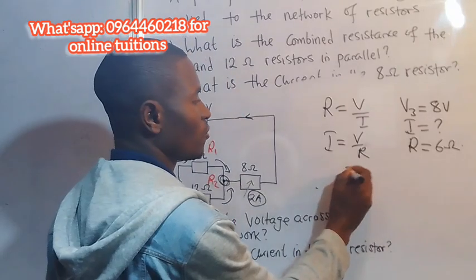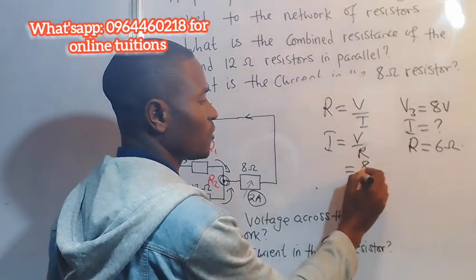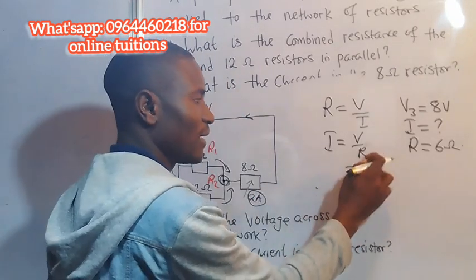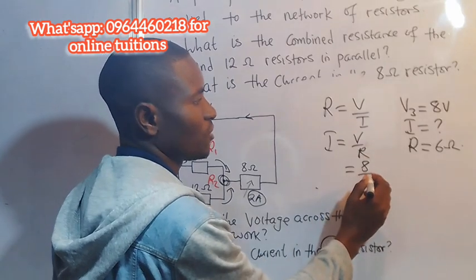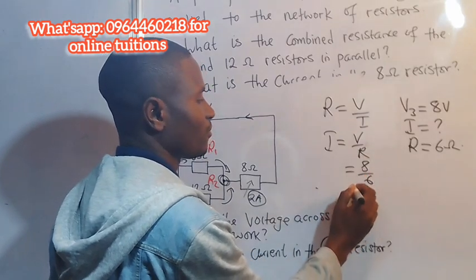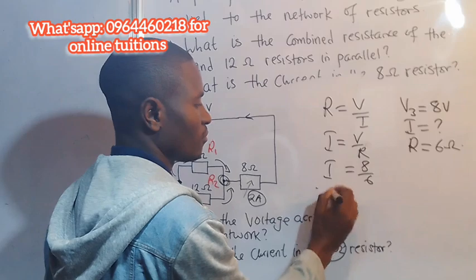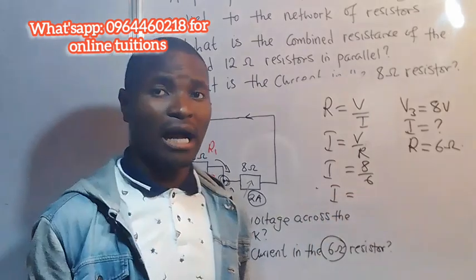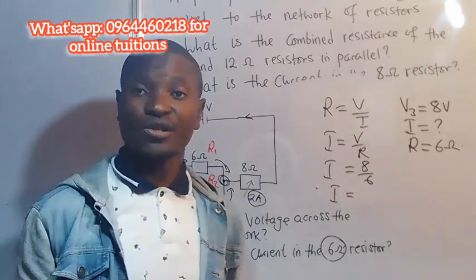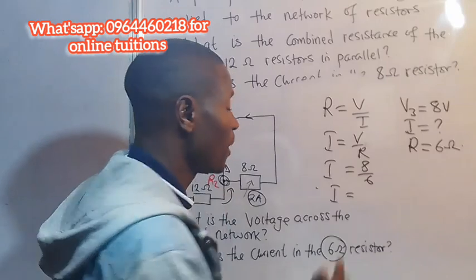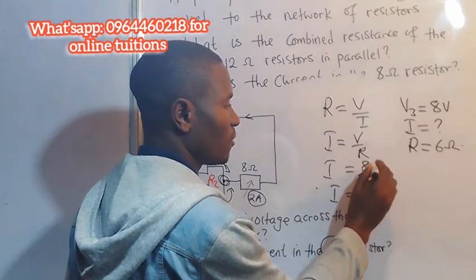The voltage is 8, and then the resistor is 6. Now, of course, I'm not using the calculator, so you guys can confirm. I can say 2 there, it's 3, 2 there, it's 4.